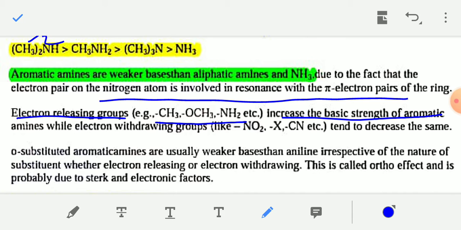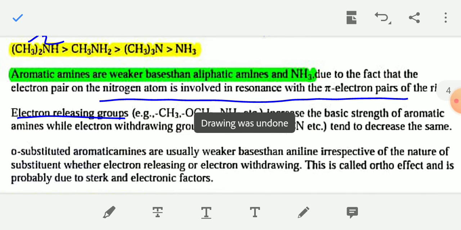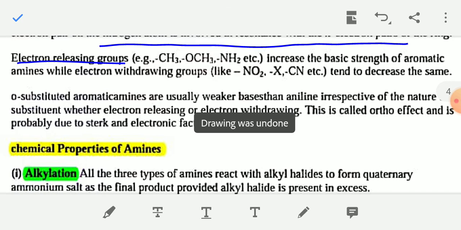While electron withdrawing groups such as NO2, halogen, cyanide, if present in the benzene ring of the aromatic amine, will decrease the basic strength of the aromatic amine. So when electron releasing groups are present in the benzene ring, the basic strength of the aromatic amine will be increased. And if electron withdrawing groups are present, the basic strength will be decreased.